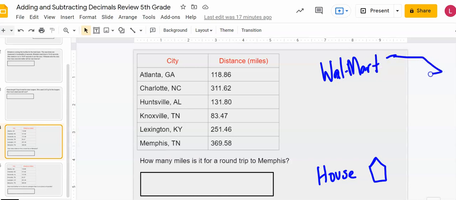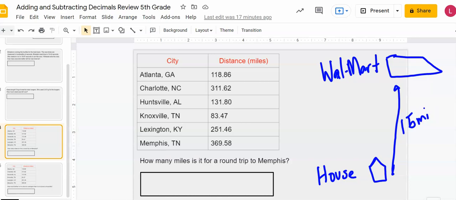Walmart's much bigger than my house, isn't it? All right, so I'm going from my house, and let's say it takes 15 miles to get there.